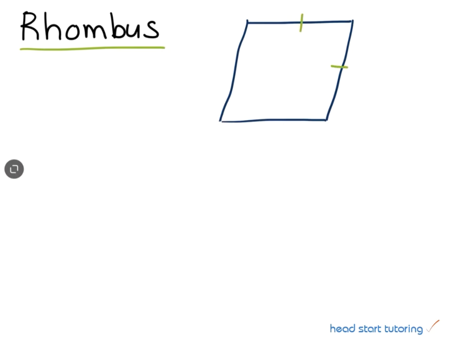So again, just like with our square, all the sides are equal. So that is one of the properties of our rhombus. All four sides are equal.